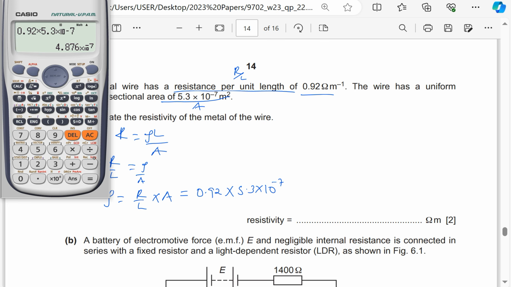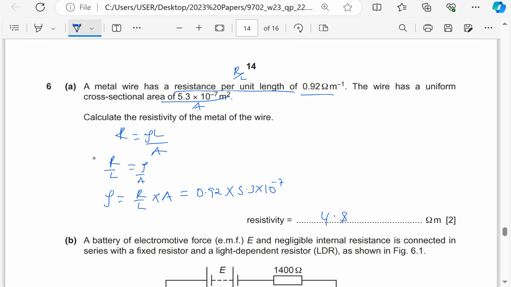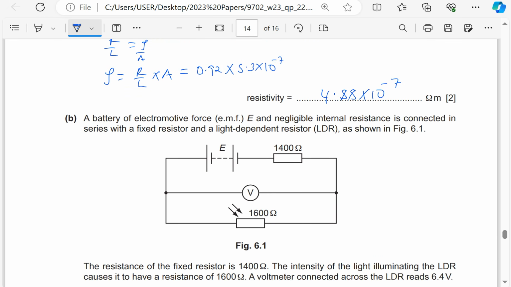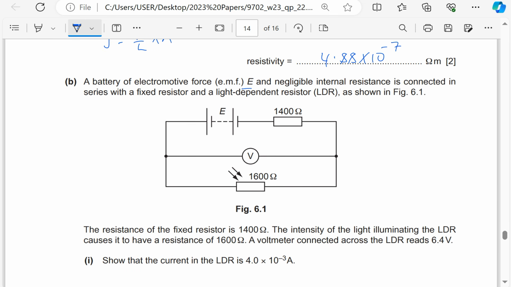So that is 4.88 times 10 to the power of minus 7. Yes, ohm meters.